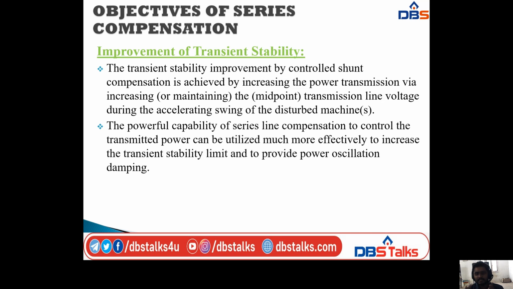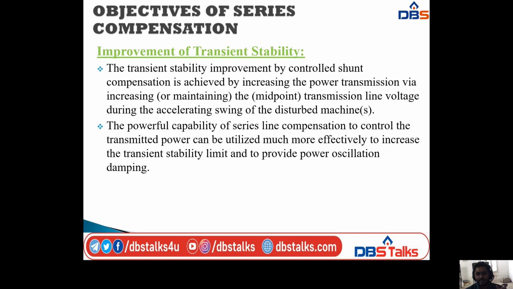So the transient stability improvement by controlled shunt compensation is achieved by increasing the power transmission via increasing the midpoint transmission line voltage during the accelerating swing of the disturbed machine. Now I am discussing the concept of series compensation.